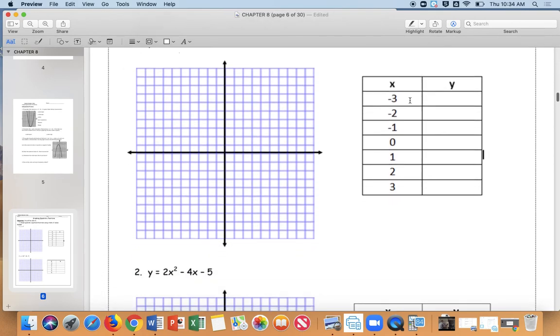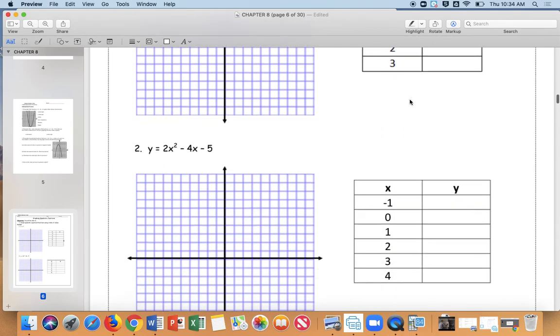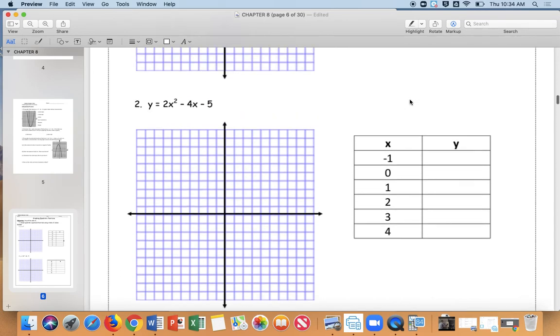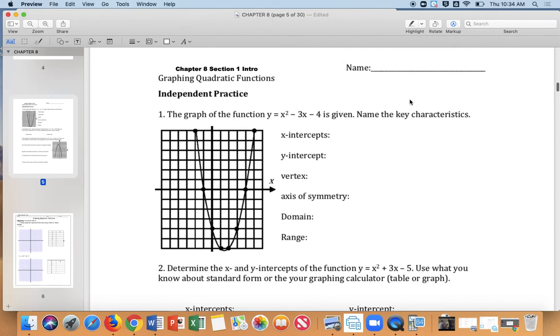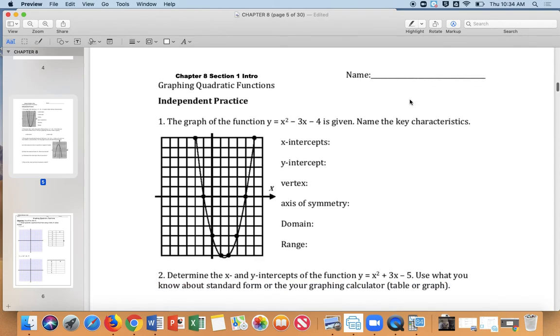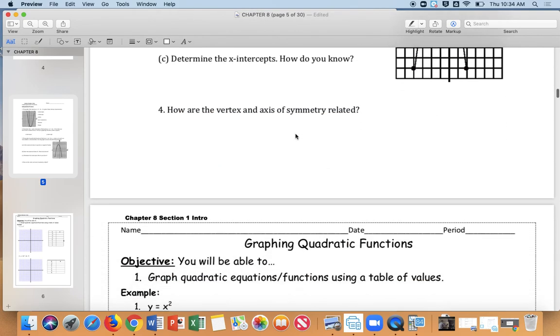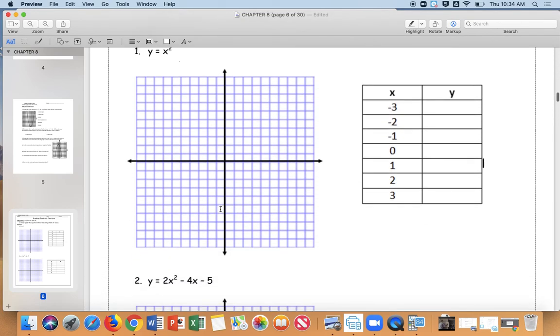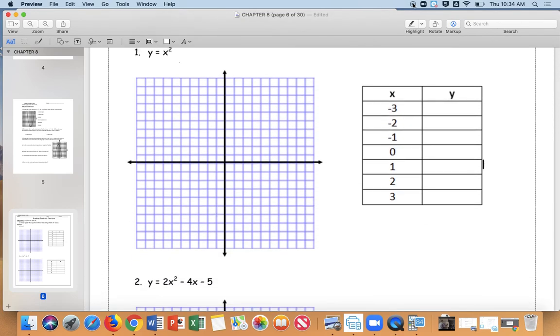Finding the table of values, use your graphing calculator and type these in, just as I showed you in the last video. Complete Chapter 8, Section 1, intro, independent practice on your own, along with graphing quadratic functions with the table of values. Reach out to us if you have any questions.